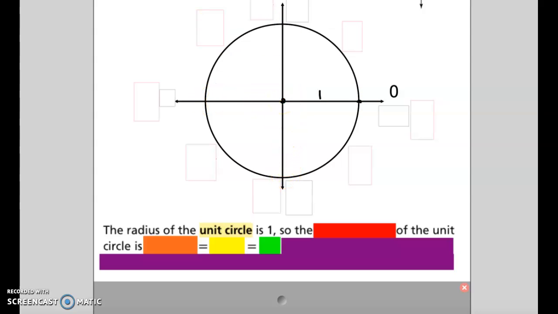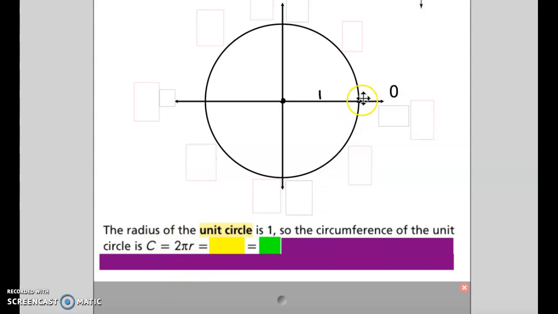Okay, what is the word that we use to describe the length around a circle? It is the circumference, right? Anybody remember the formula for circumference? The formula for circumference is 2 pi r.